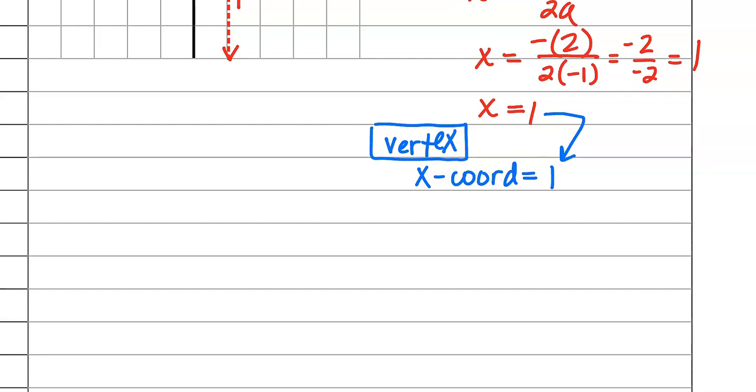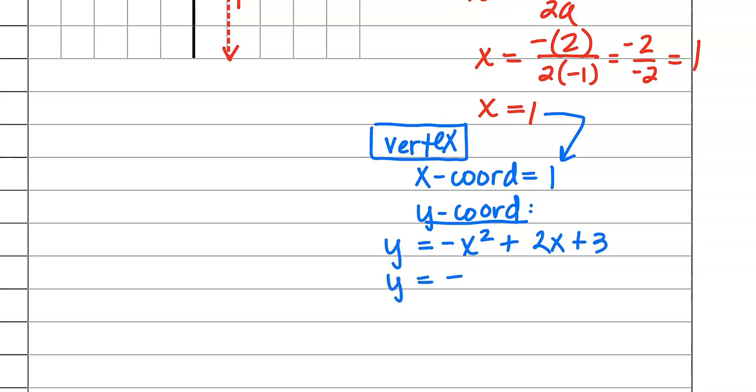So we just have to plug that into the original equation to find the y-coordinate. The original equation is y is equal to negative x squared plus 2x plus 3. So it's going to be y is equal to the negative of 1 squared plus 2 times 1 plus 3. Now be really careful on this one.